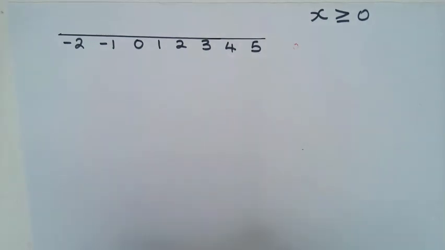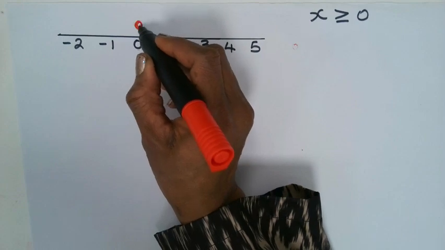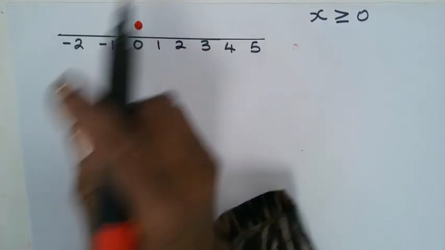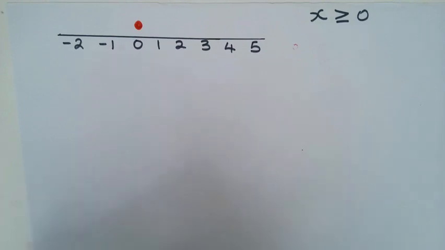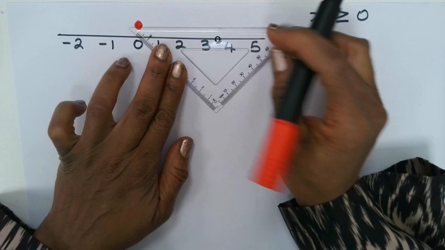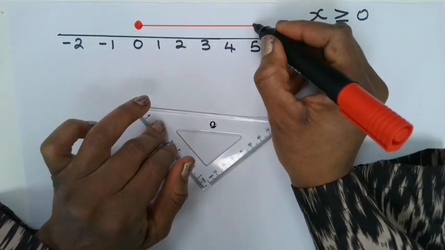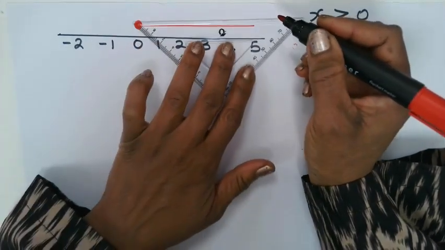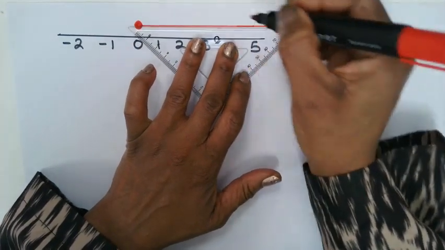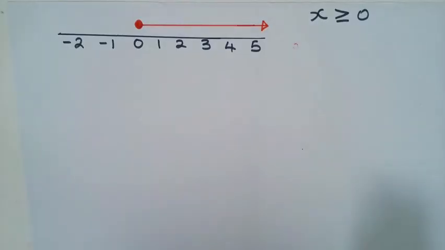Because we've got greater or equal to 0, what we're going to do is put our closed circle on 0, and then we've got the arrow pointing towards the positive side. Make sure that you draw the arrow pointing towards the positive side.